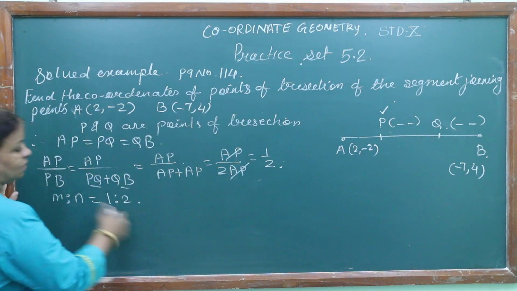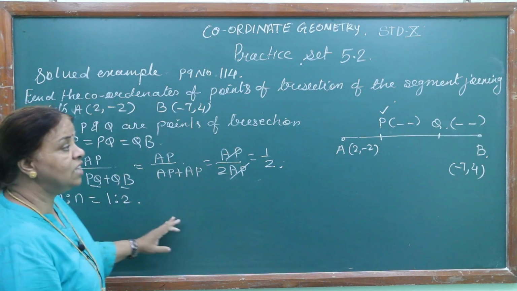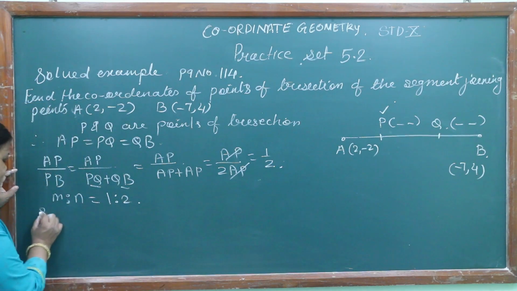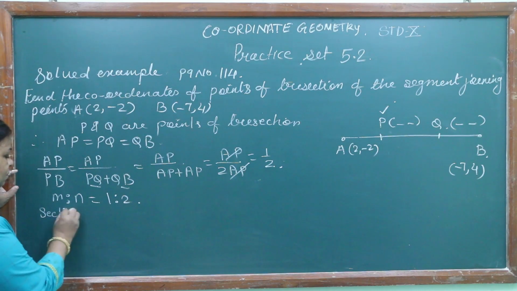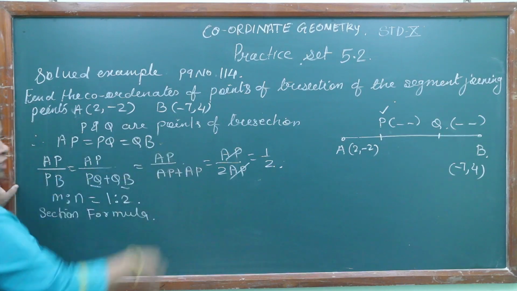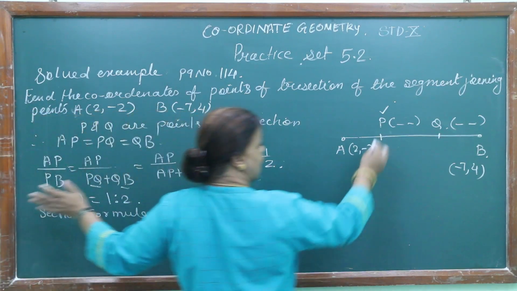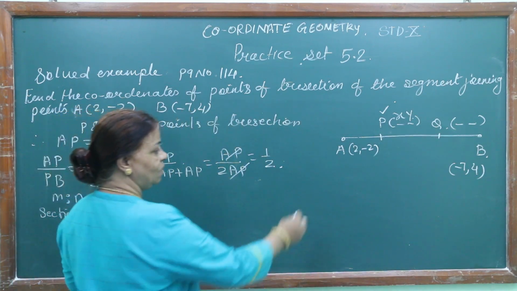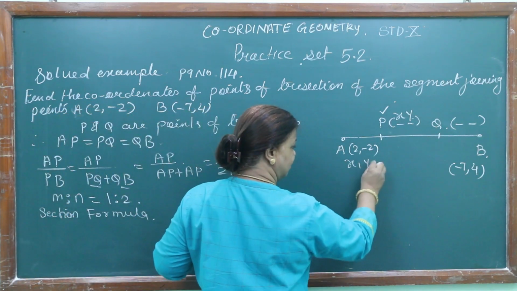So what do we get? When any point is dividing any line in a ratio, then we can definitely use the section formula. And by the section formula we can find the coordinates of point P. Let us take it as x and y. And this one will be x1, y1.